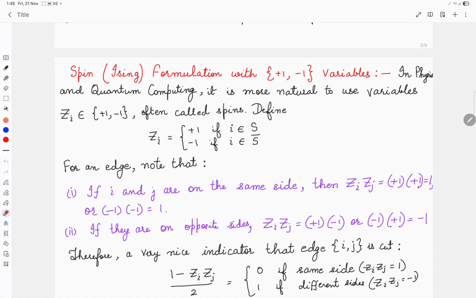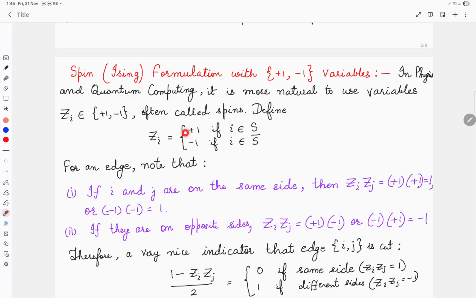So we define zi, because ultimately what we are trying to do is map the MaxCut problem to the classical Ising model. That is why we are defining the random variables which are actually part of the classical Ising model, and then we will try to relate these zi's with xi's, which are 0 and 1.